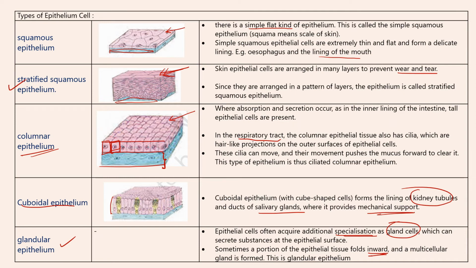The tissue bends inward or folds inward, and that is how glandular epithelium forms. This epithelial cell works as a cell present in the gland, and they secrete a substance. So as you have seen here, as the function varies for the epithelium, their shape also varies, and they perform the function as required by the organ.